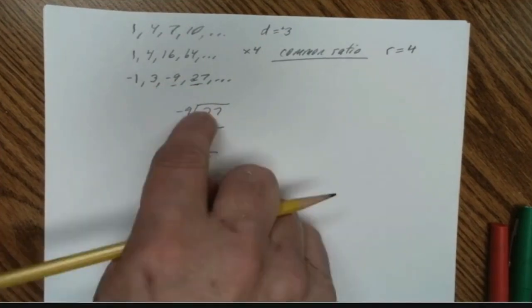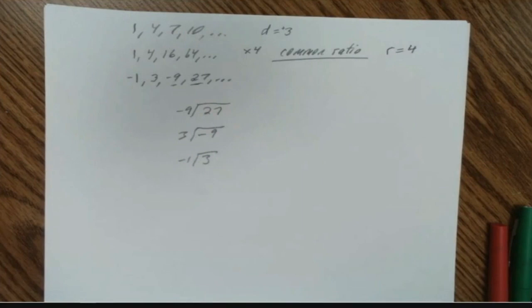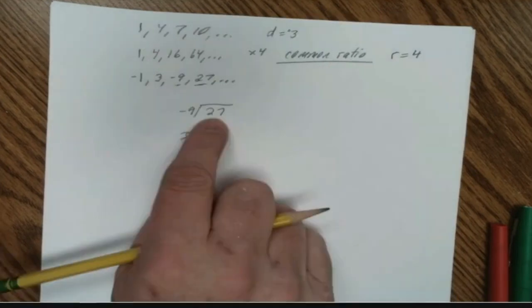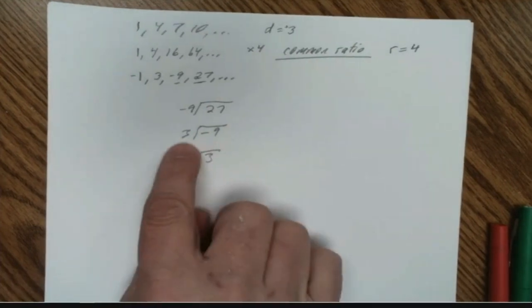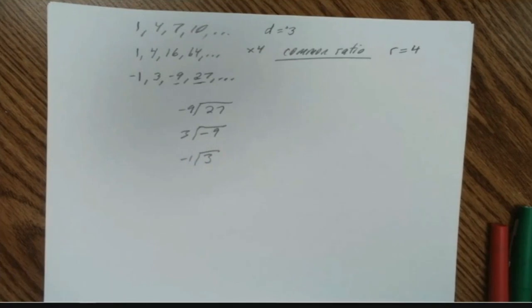If these are the same every time, then we know this is a geometric sequence, and that will tell us what our ratio is. So what is 27 divided by -9? What is -9 divided by 3? What is 3 divided by -1?